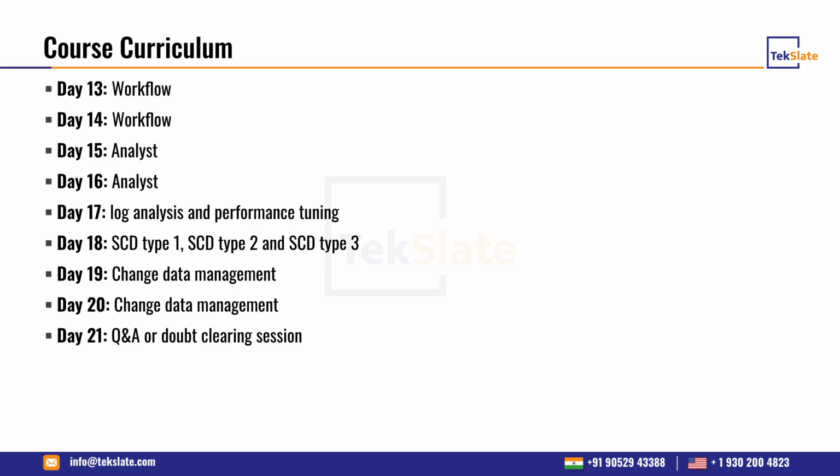So we create mappings for all these 3 types, and we will see how these things are implemented in a real-time project. Then we will have change data management, where we maintain our data with 4 different flag values. If the data is new, we maintain the flag as insert. For updated data, we maintain the flag as update.